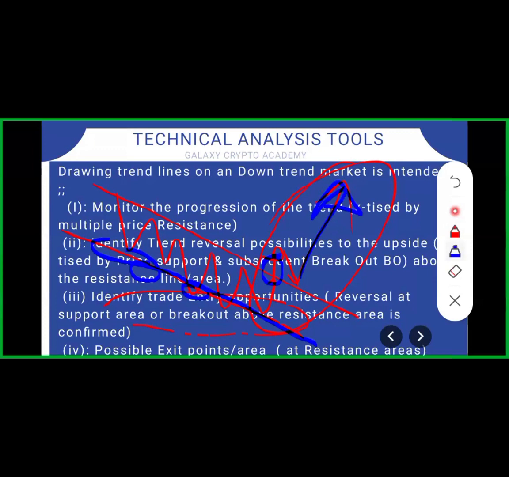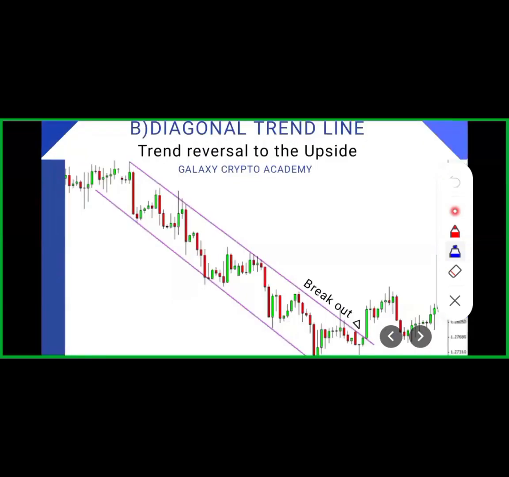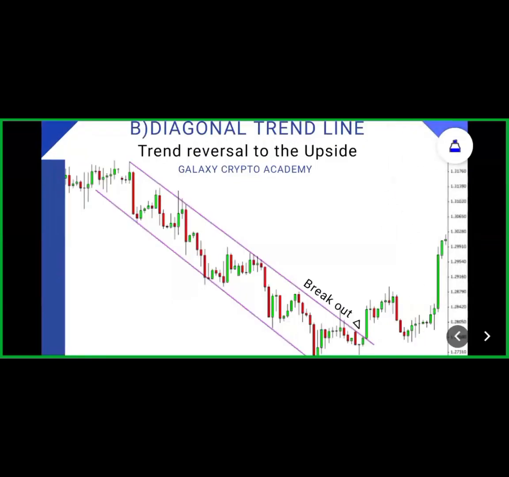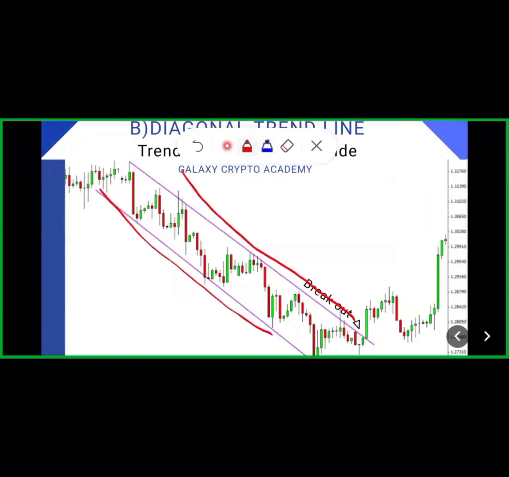So you enter at the support line or after a break of structure above the resistance line. And thirdly, exit points are normally at resistance level. With that said, just look at this scenario of a break of structure. The price was on a downtrend, attempting several times to break, but it is failing.